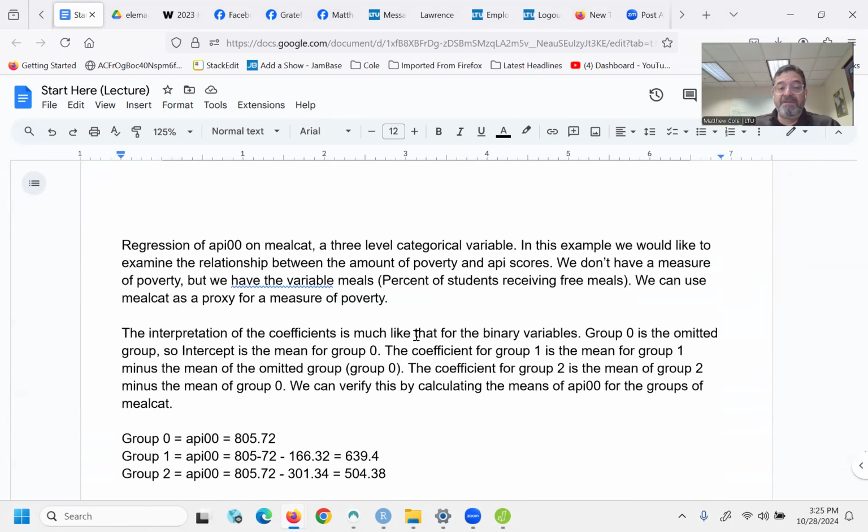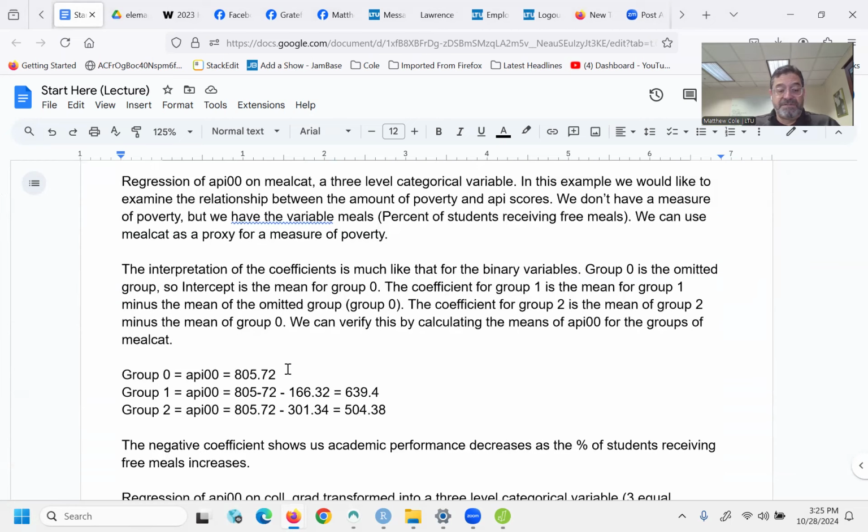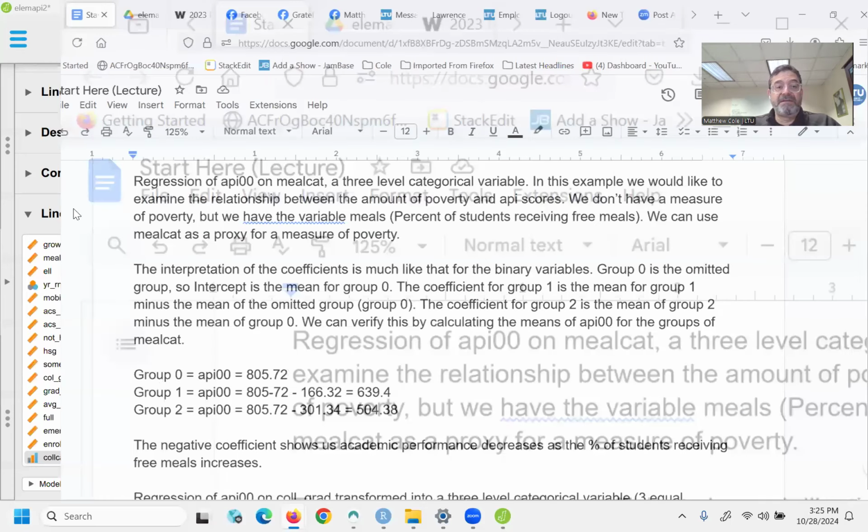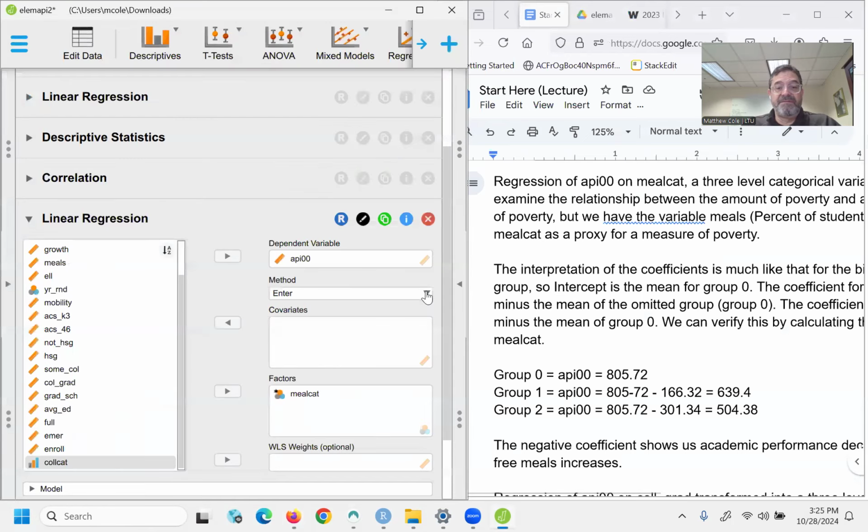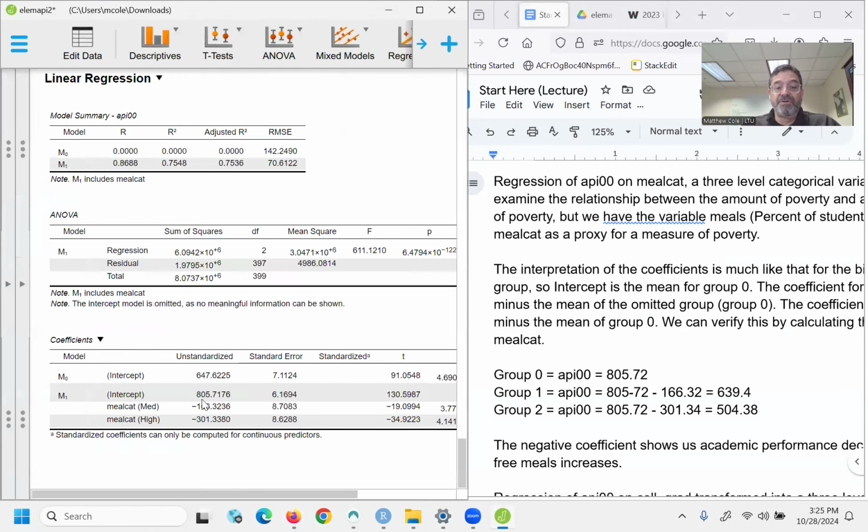Now, what about meal cat? Well, let's come over here and take a look at what we see. Group 0 is API equals 805.72. That's when we have low meals, right?